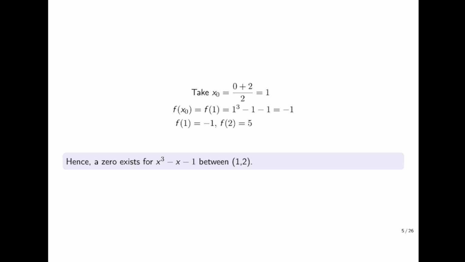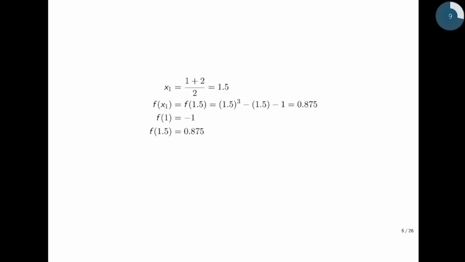Now we will proceed as earlier. We will bisect the interval. That means we will find the midpoint of 1 and 2, that is x1, which is 1.5. F of x1 is 0.875. F of 1 we already calculated, it is minus 1. So f of 1 and f of 1.5 are of opposite sign.